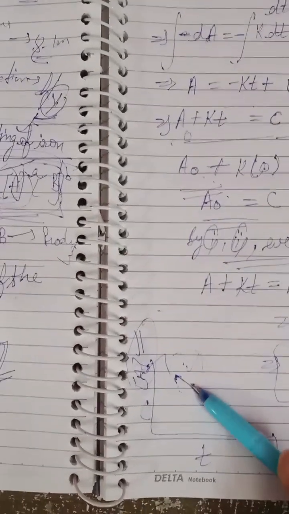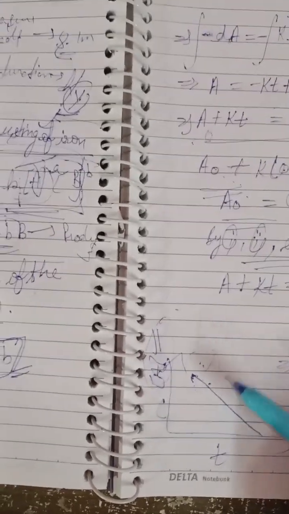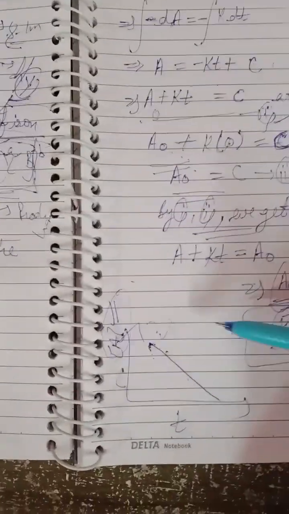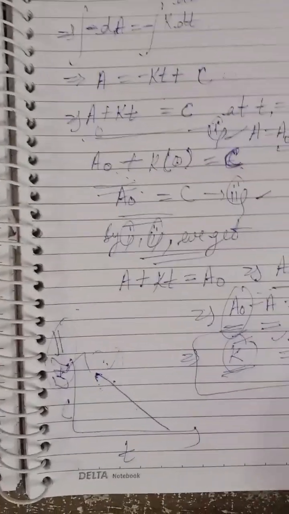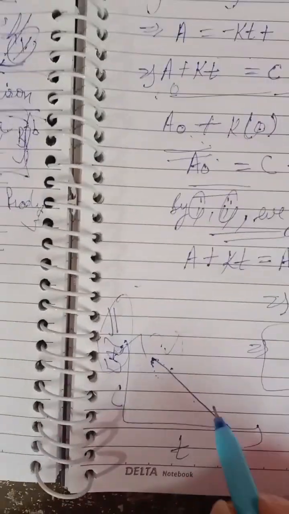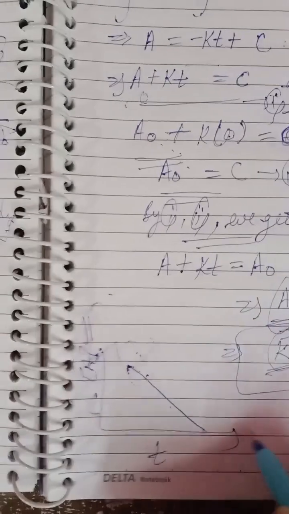And here the concentration is of reactants, that is A. This decrement in the slope of the graph denotes that at the initial phase of the reaction, the concentration of reactants was the maximum, and as the reaction proceeds, the concentration of reactants keeps on decreasing and the concentration of product keeps on increasing.